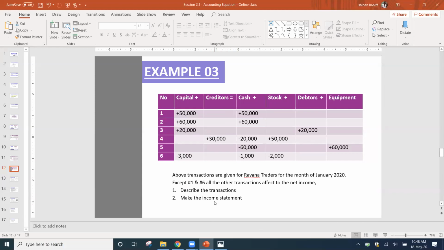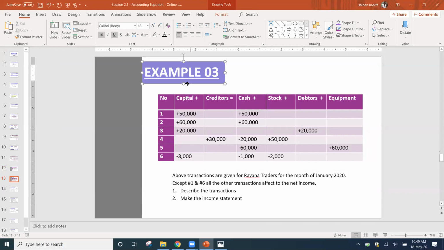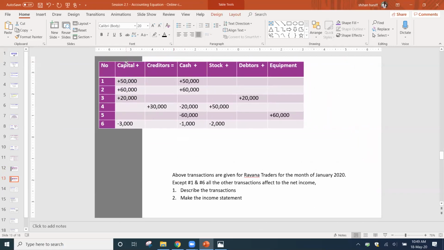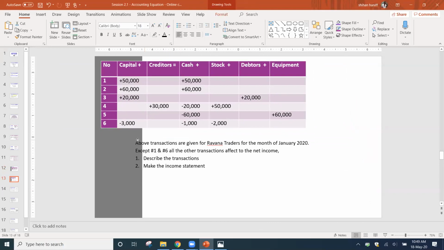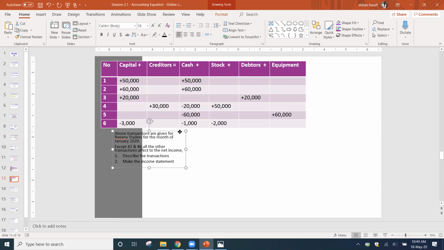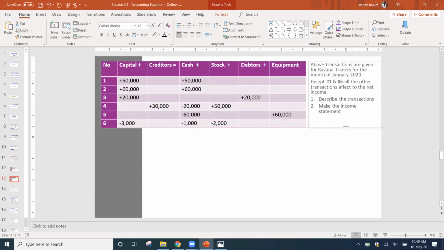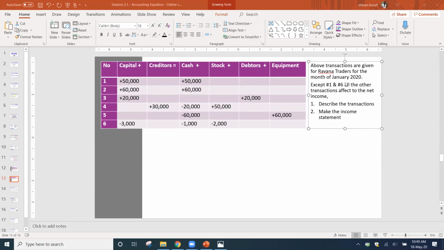Describe the transaction. Make the income statement. And it says these transactions are for Ravana Traders for the month of January.